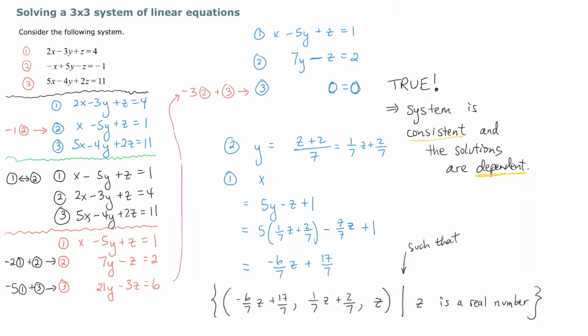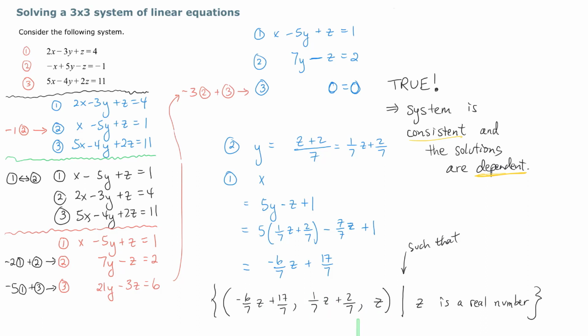Notice for equation 2, you could have solved for z instead of y. And if you did that, you're going to get some different patterns here. You wouldn't have z anymore, you would have y. But in the end, it's going to represent the same ordered triples.